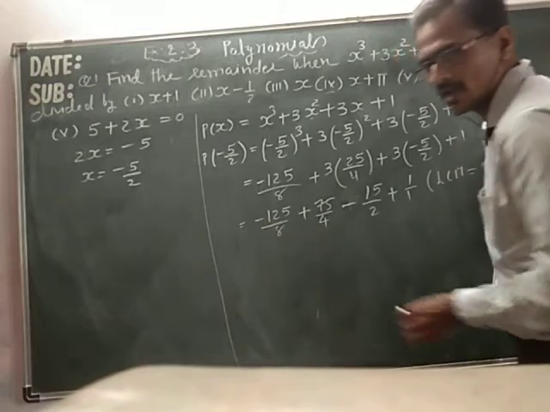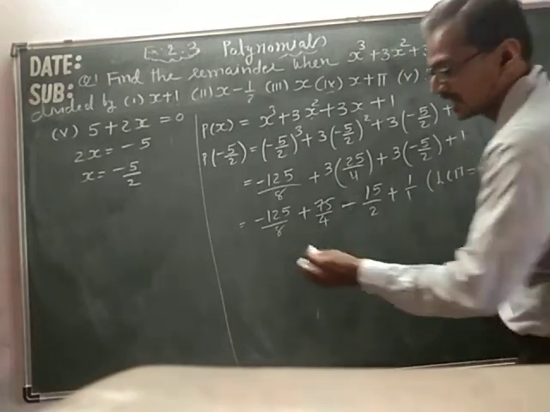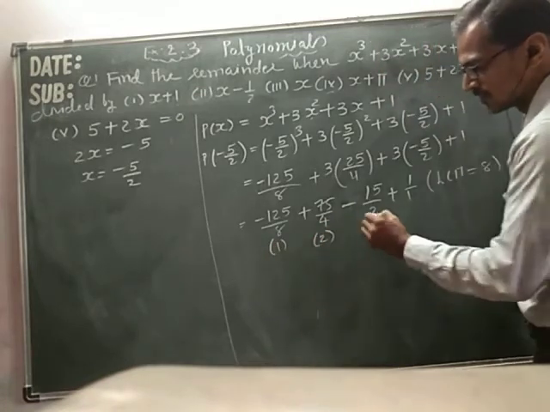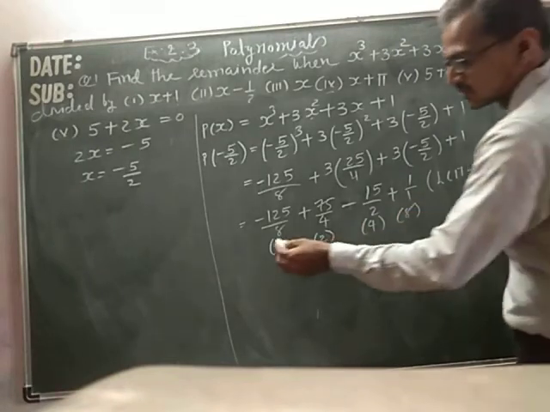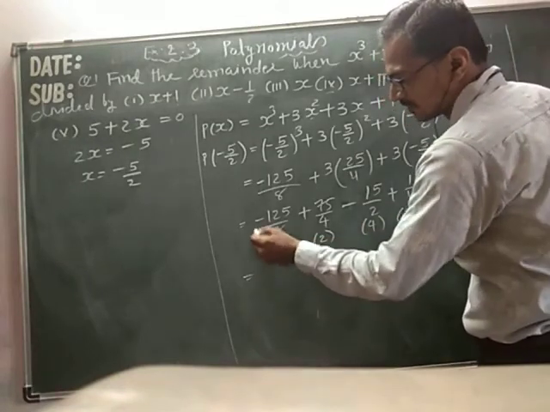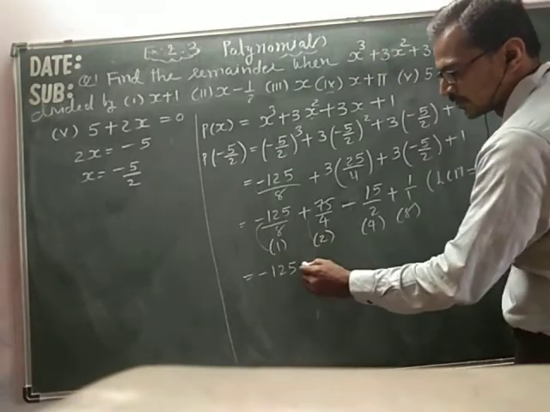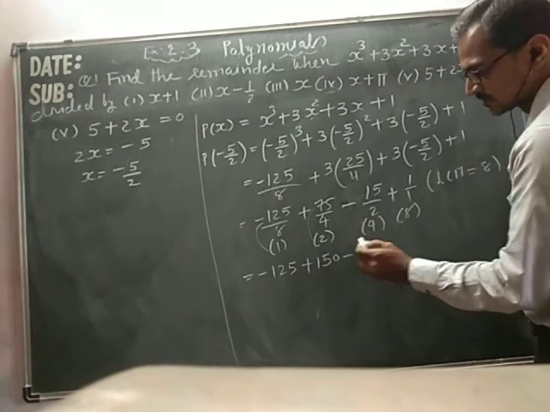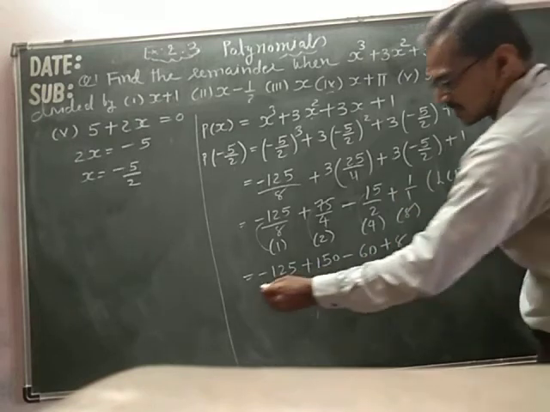How can I make this 8? That means with what number do I multiply to get 8? 1 times 8 is 8. 4 times 2 is 8. 2 times 4 is 8. 8 times 1 is 8. So these numbers will multiply in the numerator. 1 into minus 125, minus 125, 2 into 75, 150, 15 times 4, 60, 8 times 1, 8.